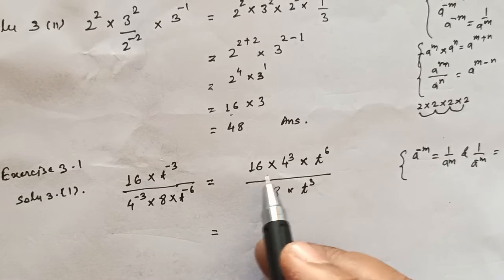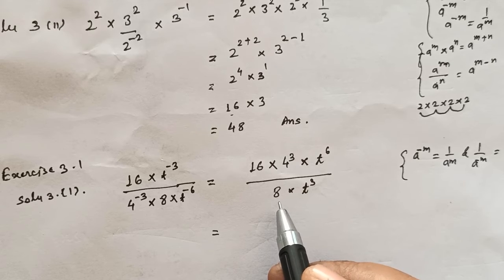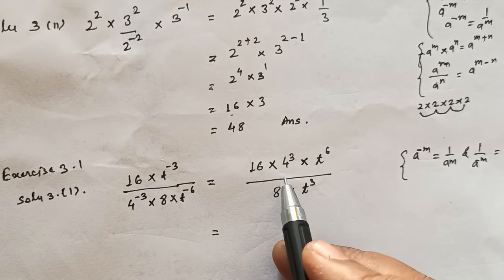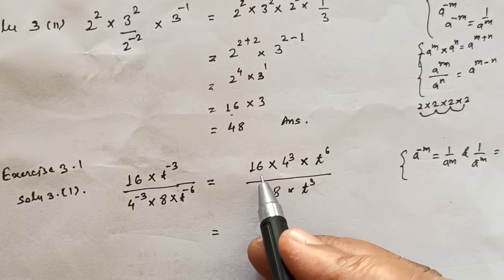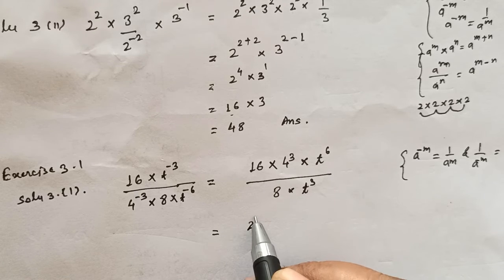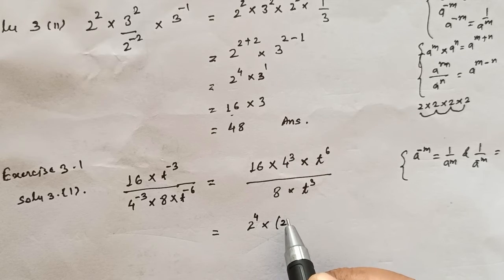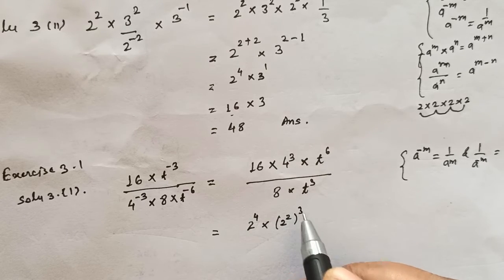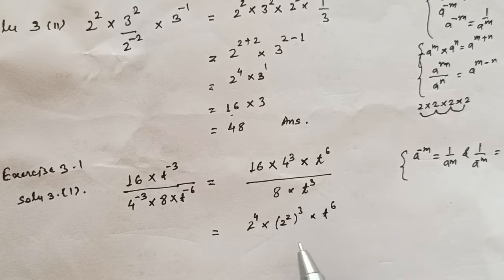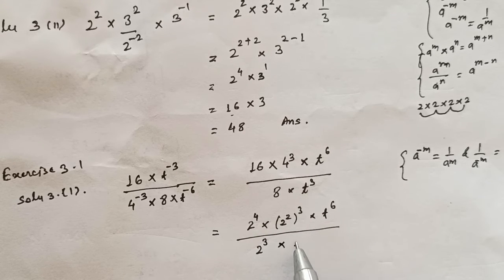Now 16, 4 and 8 different base. So convert this all in same bases. 16, 16 is 2 power 4. 4, 2 power 2. 8, 2 power 3.